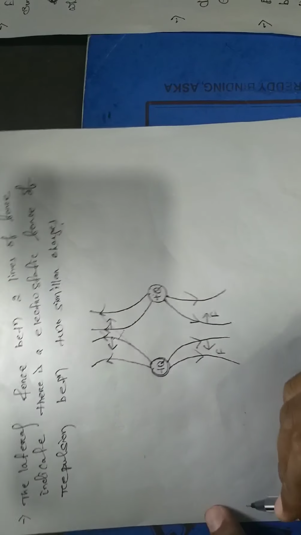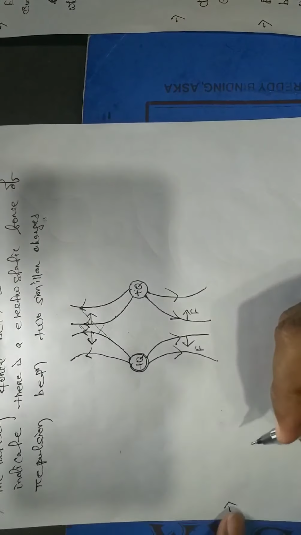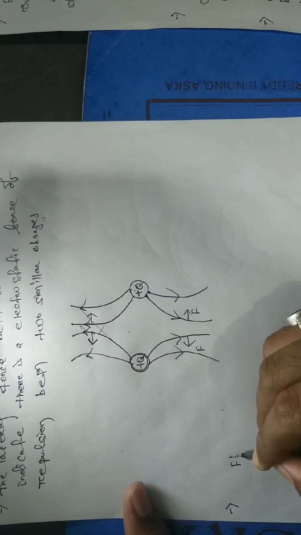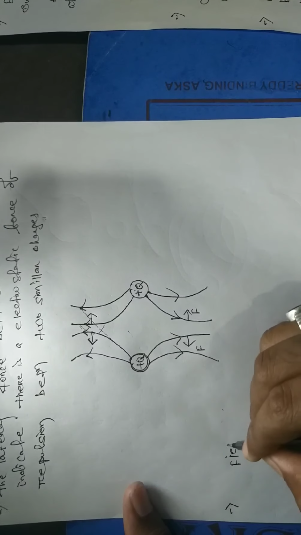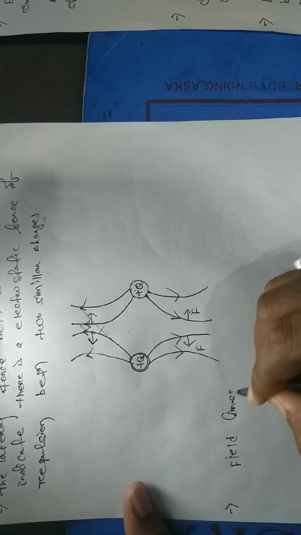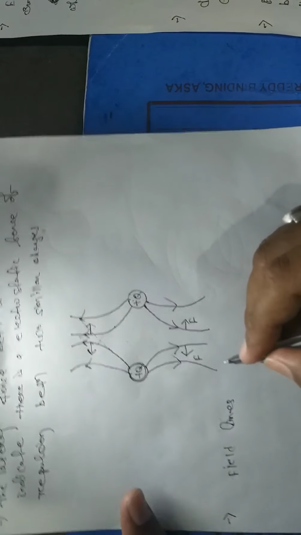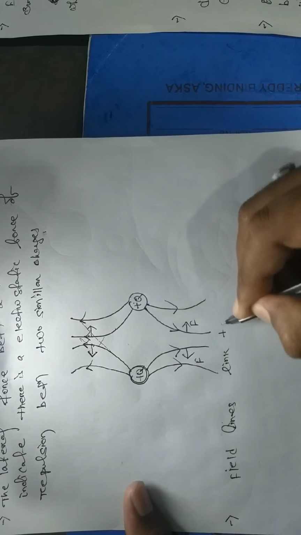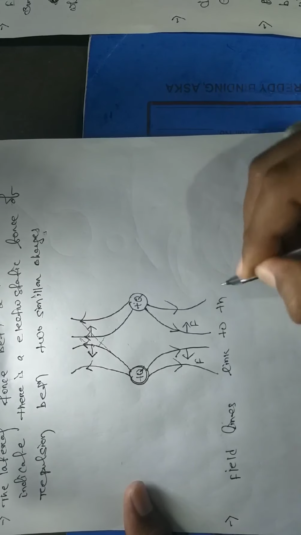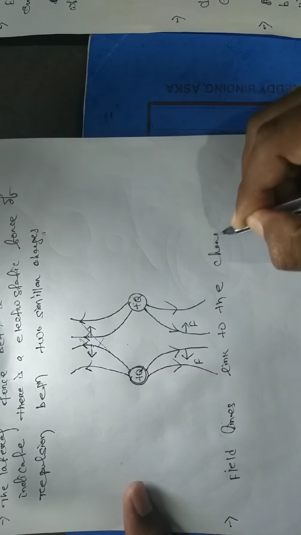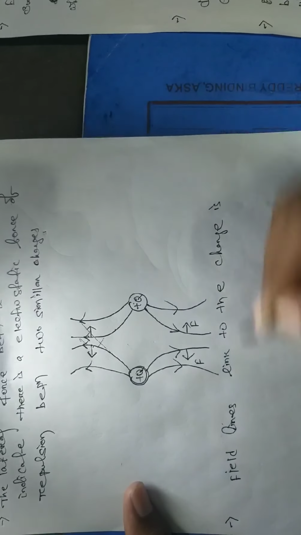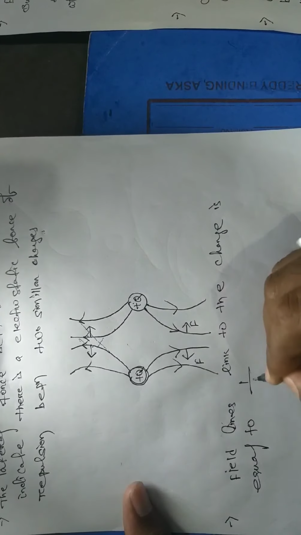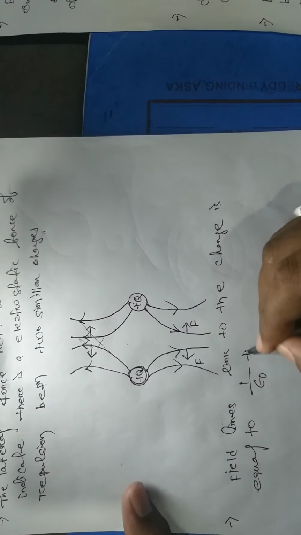Next concept is field lines linked to the charge, which is equal to 1 by epsilon naught times.